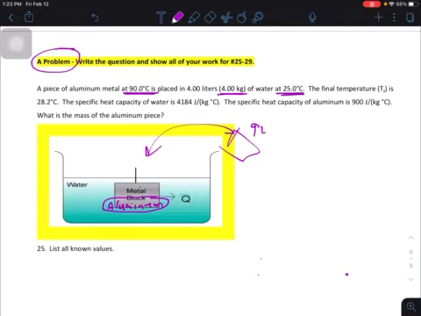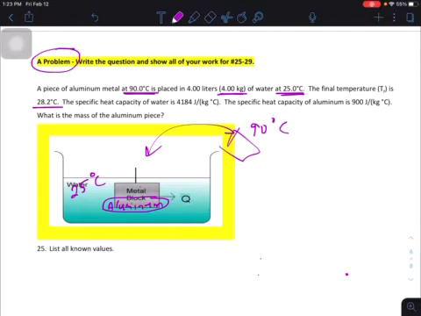So the metal started out at 90 degrees Celsius. The water started out at 25 degrees Celsius. It was 4 kilograms. The final temperature is 28.2.